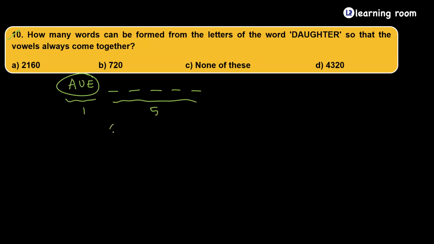So 5 plus 1, you have 6 objects. These 6 objects can be arranged among themselves in 6 factorial ways into the vowels can be arranged among themselves in 3 factorial ways. So 6 factorial is 720 into 3 factorial is 6, which is going to give you 4320. This will be the required answer. So it is 4320.